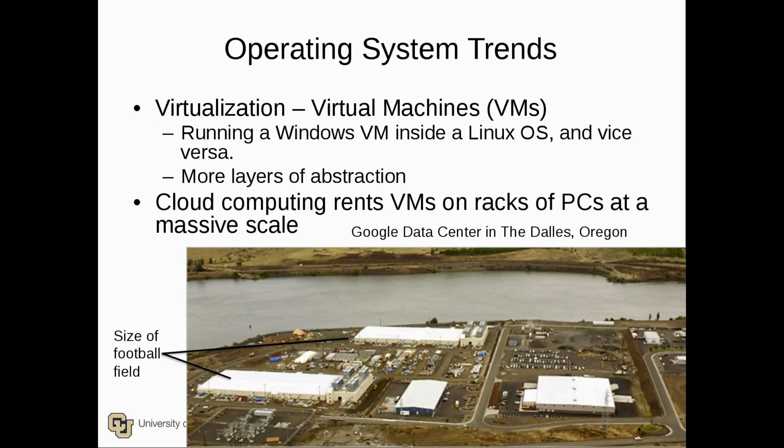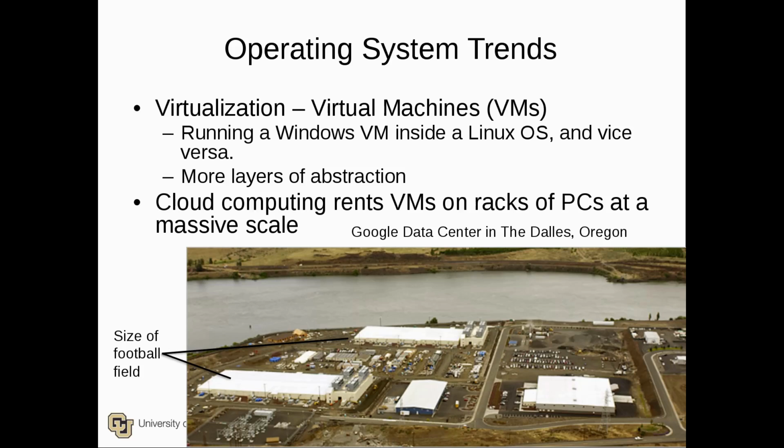As far as virtual machines go, as most of you know, this is running a Windows VM inside of a Linux OS and vice versa, so we have more layers of abstraction. The Windows VM running on a Linux machine has to also get to the system calls, so as you can imagine, that stack, as we saw earlier, with application on top of the OS, on top of the hardware, gets a little crazy, as the application itself has an OS with APIs and system calls of its own.